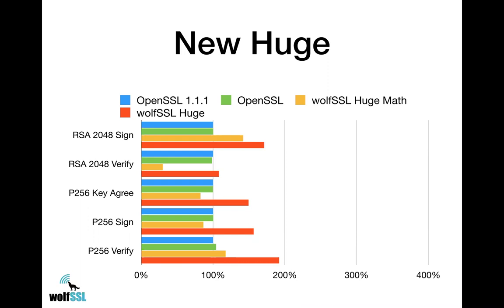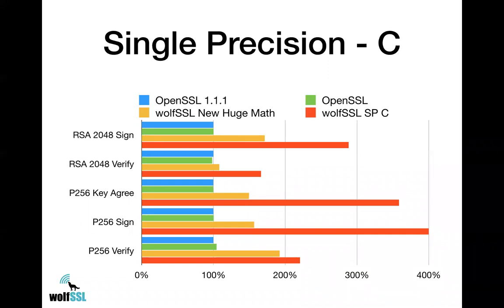So this is just multi-precision C code faster than OpenSSL C code. What about OpenSSL, we're looking at this new SP C code. How does that compare? Yeah, it's a lot faster. It's so much faster. It's ridiculous.